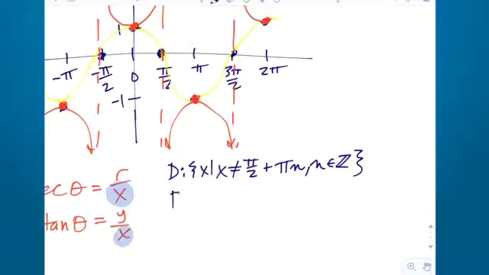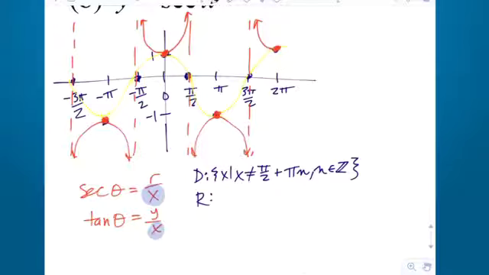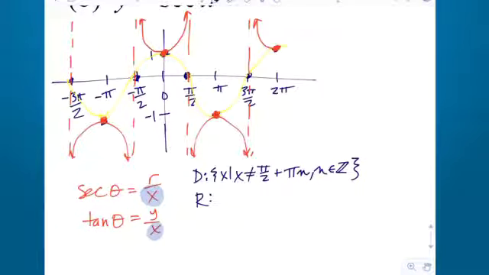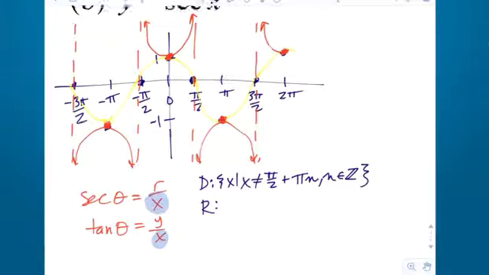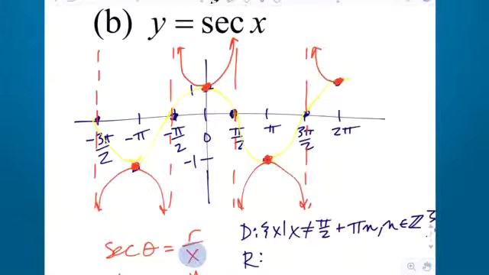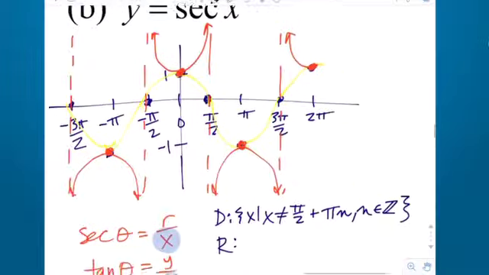What's the range? It's all real numbers except the ones that don't work. And which ones don't work? We're looking at the red graph now, not the nearly invisible yellow graph. We don't get any values between negative 1 and 1, do we? We get everything outside negative 1 and 1, which makes sense. If sine is between negative 1 and 1, its reciprocal is going to be everything outside.